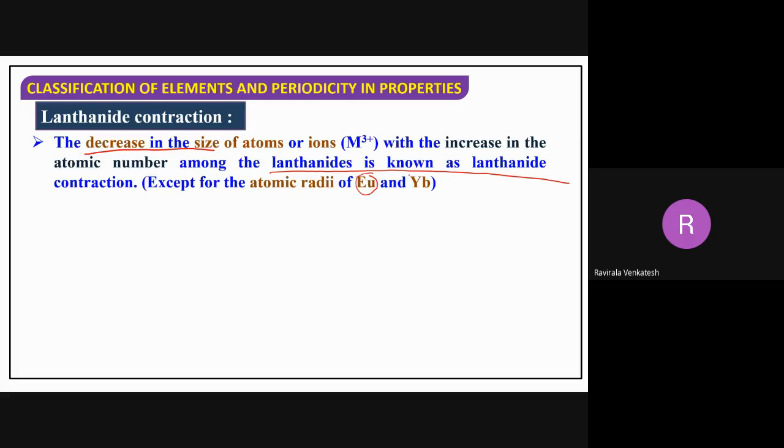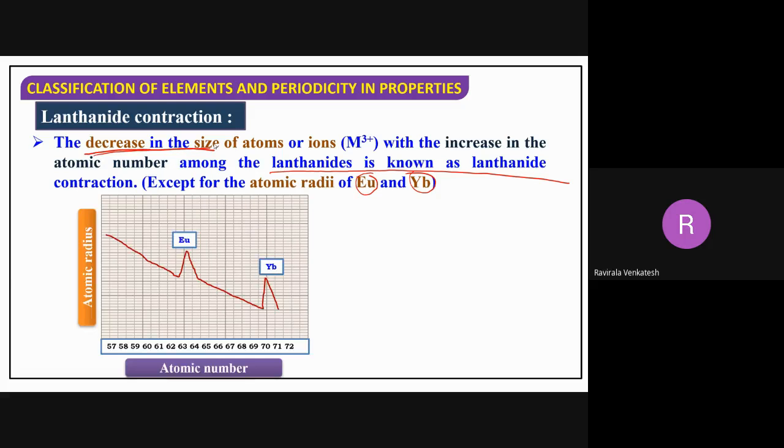Leave those exceptions. Simple thing: the decrease in the size of the atoms or ions of lanthanides with increasing atomic number is called lanthanoid contraction.